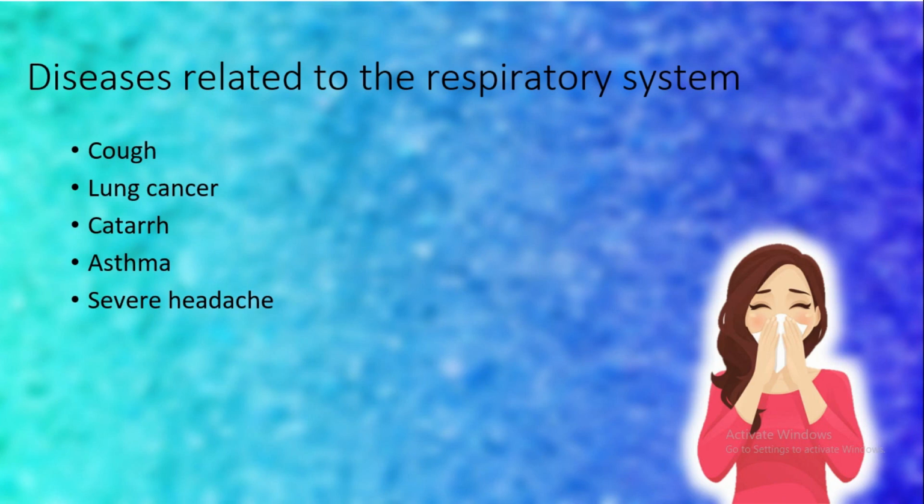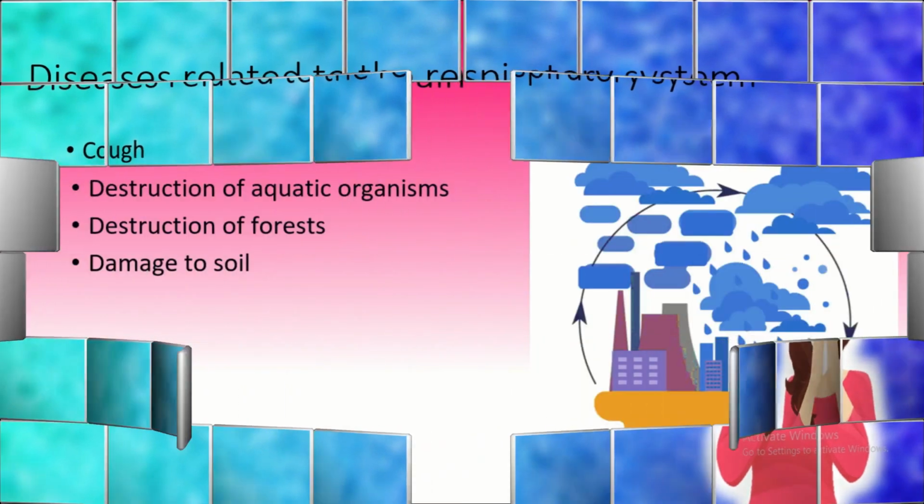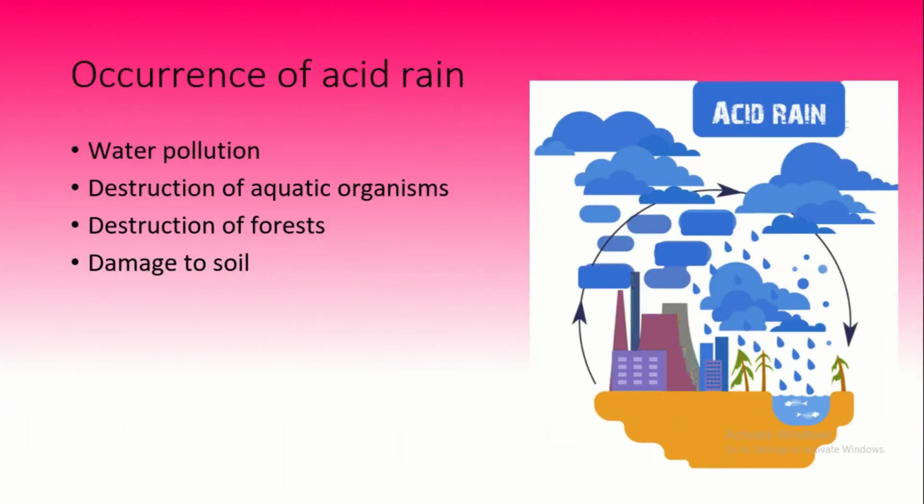Here you can see some diseases related to the respiratory system: cough, lung cancer, catarrh, asthma, severe headache. Occurrence of acid rain is another harmful effect of air pollution.